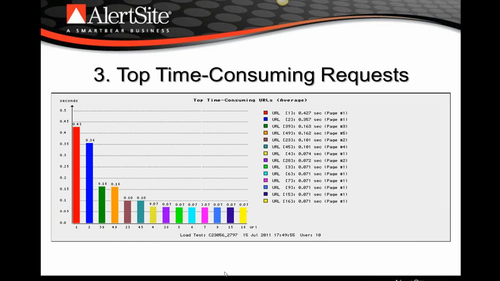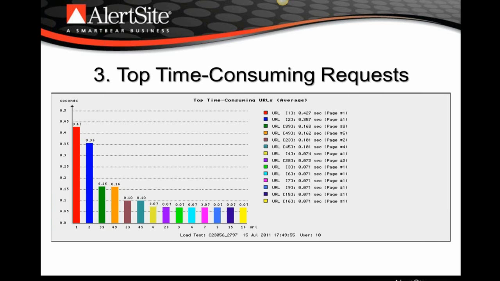Here's another one, top time-consuming requests. Now, when I say requests, I'm not talking just about a page, but I'm talking about the objects on that page. This could be an image, this could be CSS, JavaScript, it could be some social component that's on your page, or the HTML itself. But having the top time-consuming URLs or requests listed is a great way to go about tuning your site.